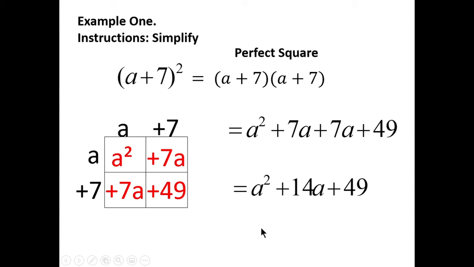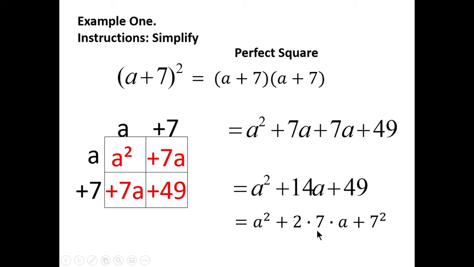All right, so we took two factors that were the same, and we got a quadratic equation. So that's a perfect square quadratic. Now notice that the middle term here is 14. It's 2 times 7. The number from inside our original parentheses from our factor was 7. And the middle term of our quadratic equation is 2 times that 7.